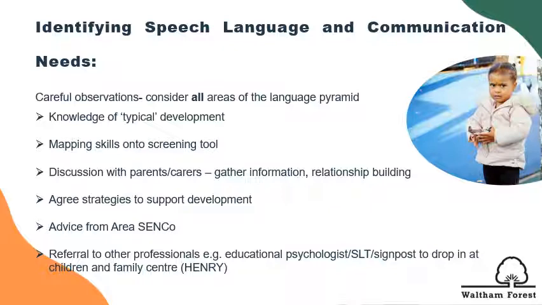Think about the child's attention and listening, their social interaction and play skills, their understanding of language, their talking, and their speech production. It's quite common that children in the early years will have difficulties in more than one of those areas. Also think about your own knowledge of typical language and communication development, because that will help you to work out if a child is having difficulties.